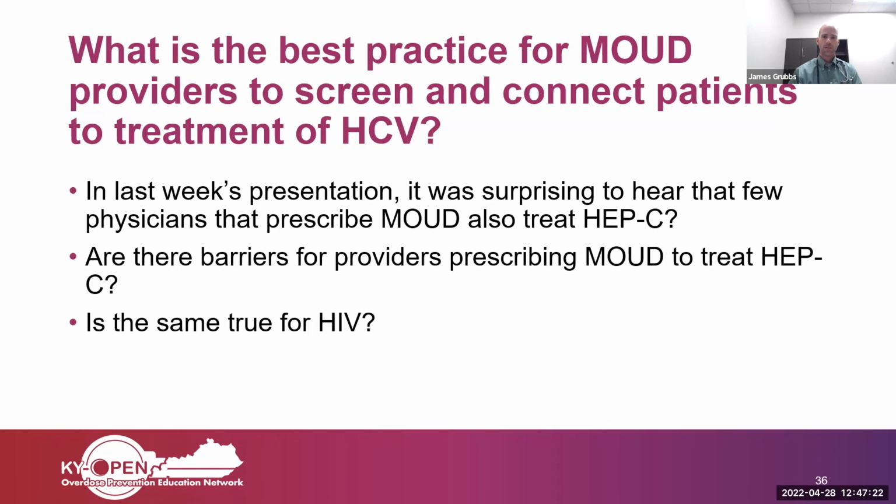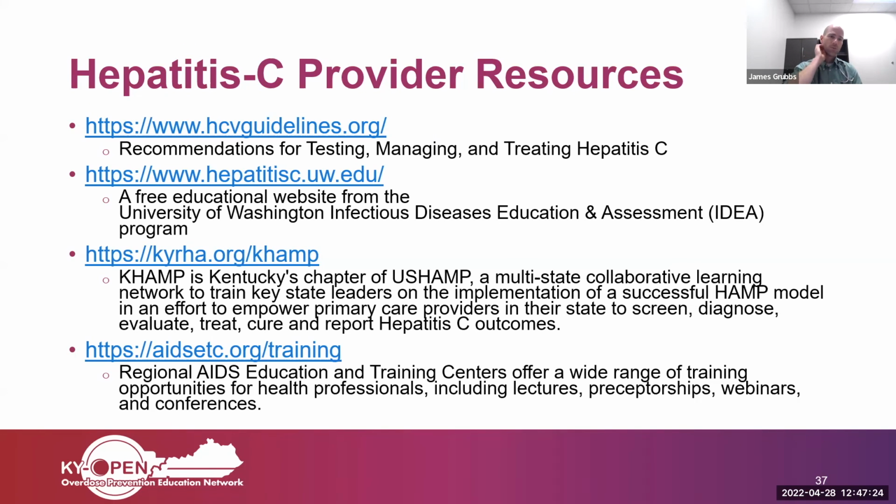This next slide highlights some of the resources for hepatitis C and for HIV. For HIV, I would particularly highlight this last one, the AETC. It stands for AIDS Education and Training Center, and it offers training opportunities for HIV and for hepatitis C. That includes lectures, but also mentorship-type programs to help even more if someone really wants to get involved and do something beyond just testing and beyond prescribing PrEP.